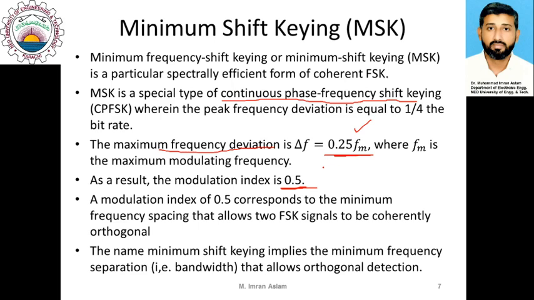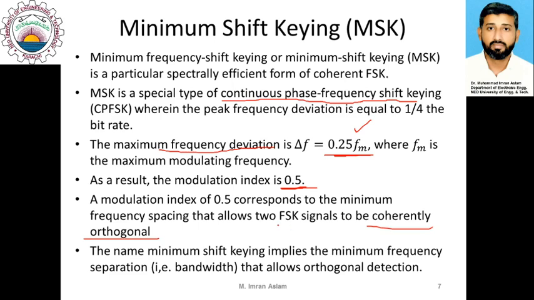It is an FSK scheme where we use the change in frequency in such a way that it is the minimum possible value, and this signal has to be detected coherently and orthogonally. So this is the minimum spacing which ensures orthogonal signals, and also we need to detect coherently. You may remember that FSK can also be detected non-coherently, but MSK has to be detected coherently.